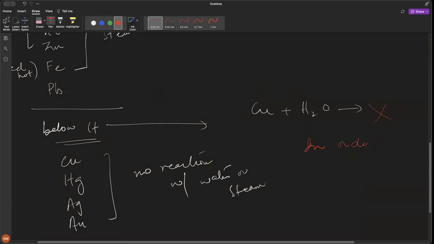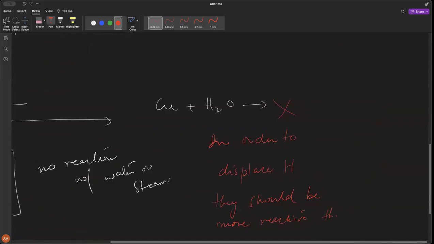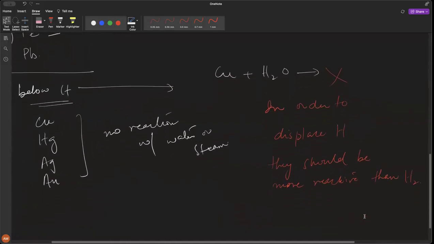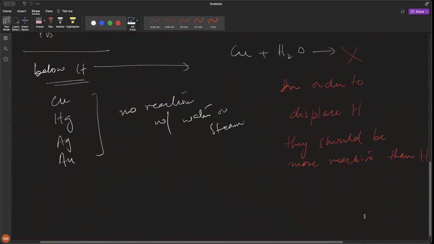In order to displace hydrogen, they should be more reactive than hydrogen, right? So they cannot do that. They cannot. Is this clear? Is it making sense?